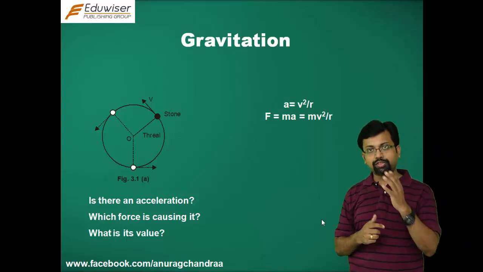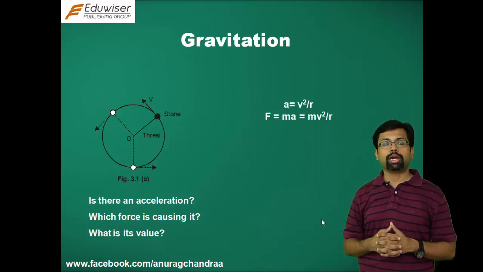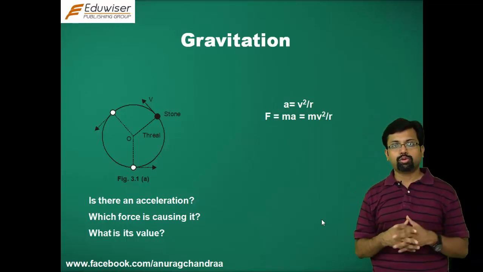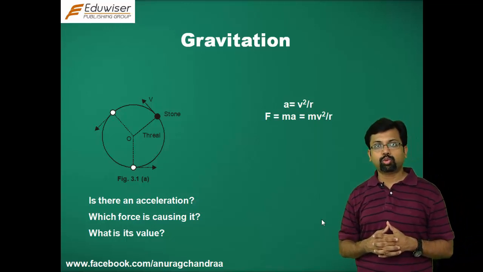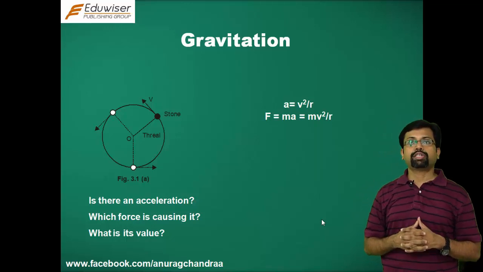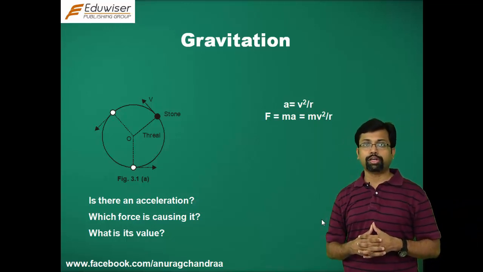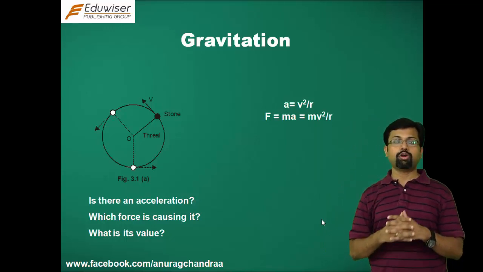If the acceleration is v square by r, that means the force acting on it would be F = ma, where m is the mass of the stone. So the force would be mv square by r. So mv square by r is the magnitude of the centripetal force that acts on any body that moves around in a circle of radius r with a constant speed of v.